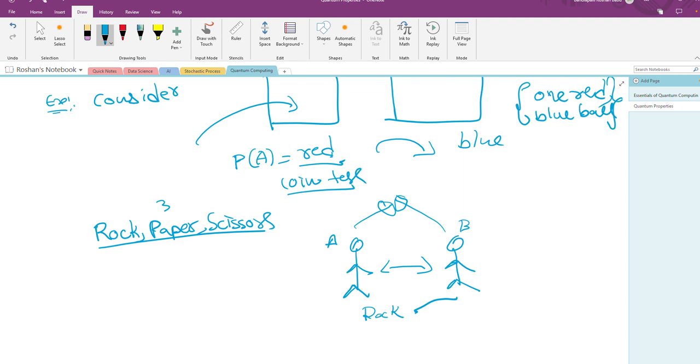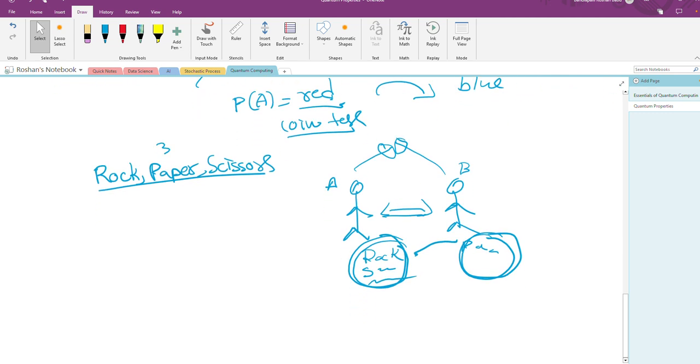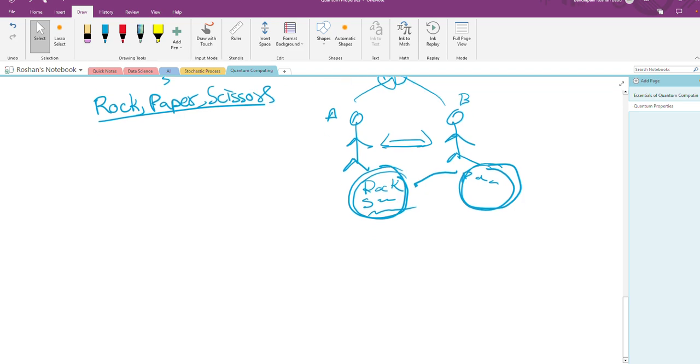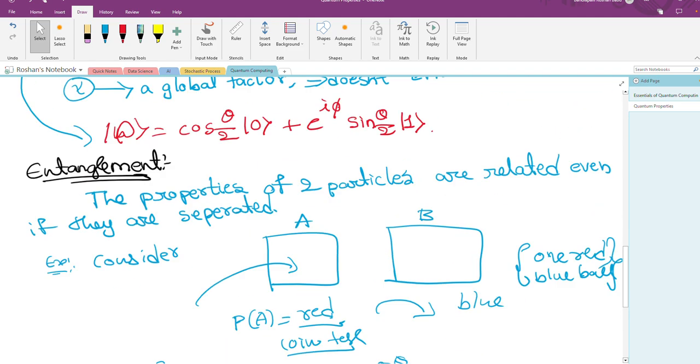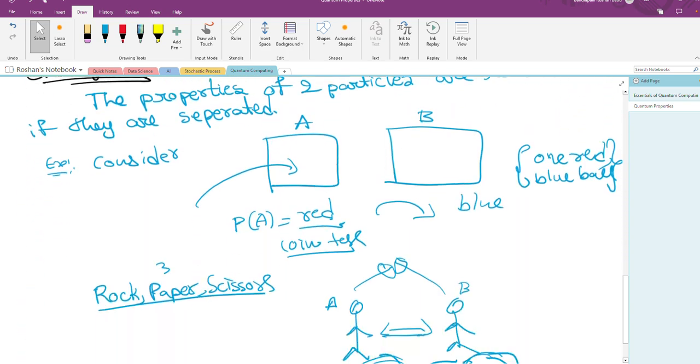He might give rock, paper or scissors, and the other person might also give rock, paper or scissors. Even though these two people are separated, they both have the same properties and are going to play with the same properties. So till now we have understood superposition and entanglement.